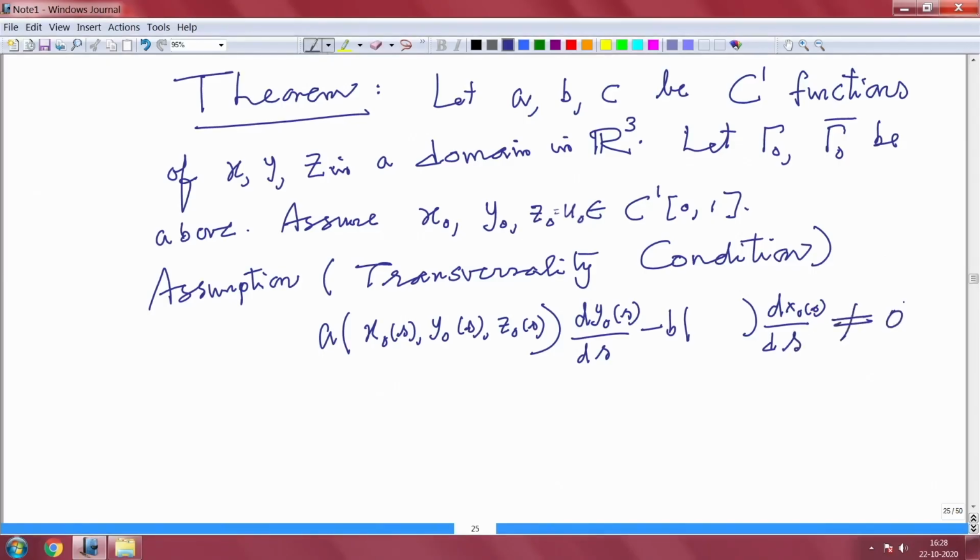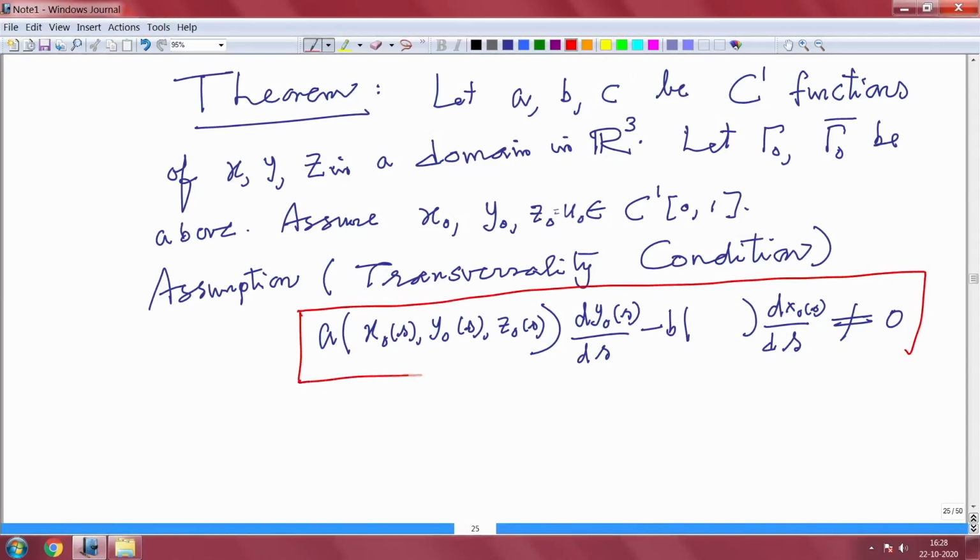I will tell you the physical interpretation exactly. So, this is your transversality condition. This is the additional condition. In addition to the smoothness in the theorem, you have to satisfy this additional condition.